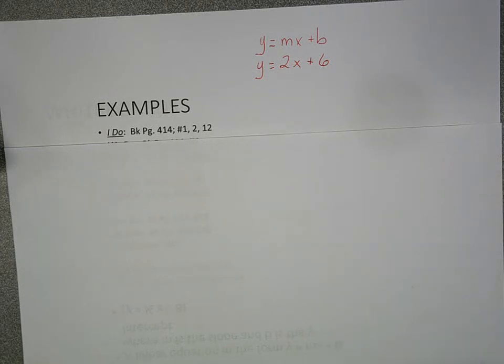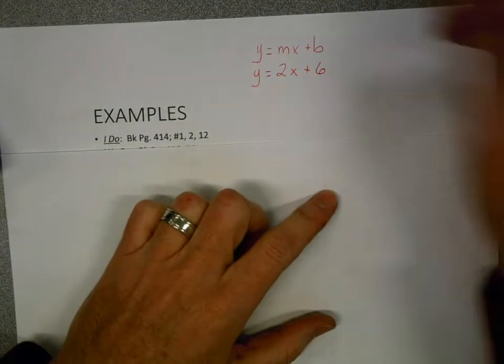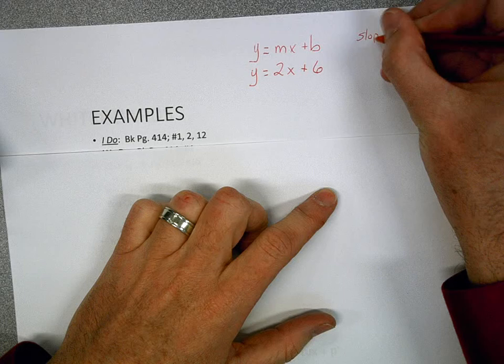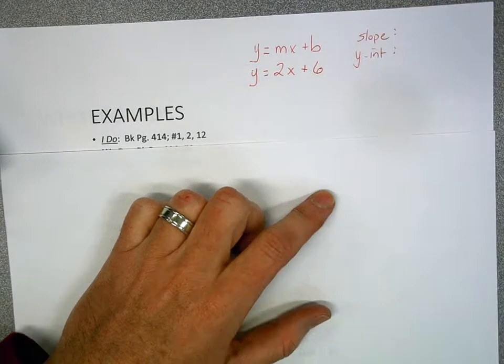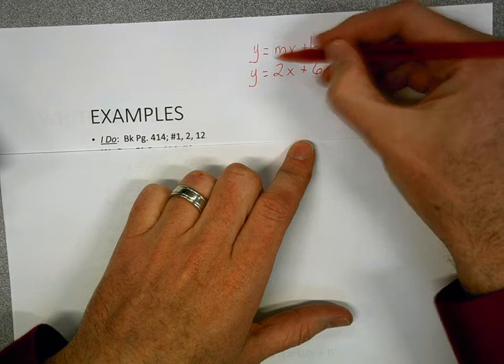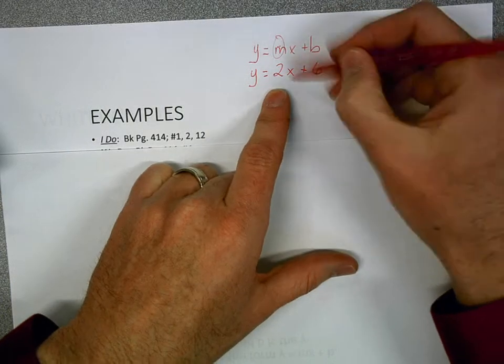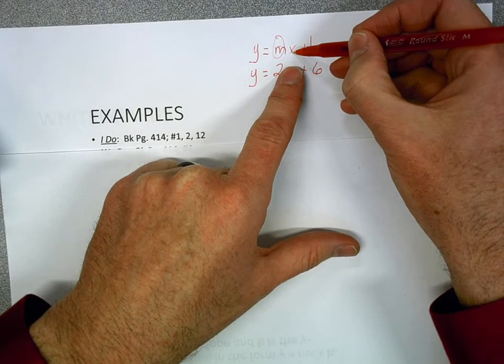So basically this is just the basics. We're just starting where we can identify this stuff. So I'm going to go ahead, just the slope and just the y-intercept. So here we go. M is the slope. If I look at this, it is the coefficient in front of the x.